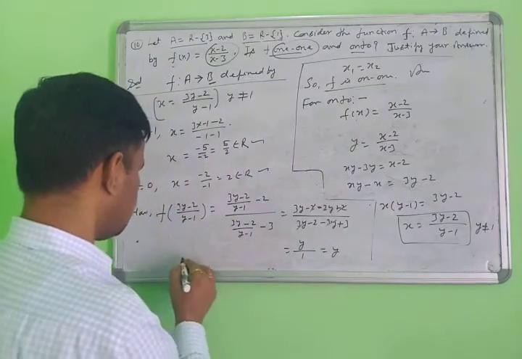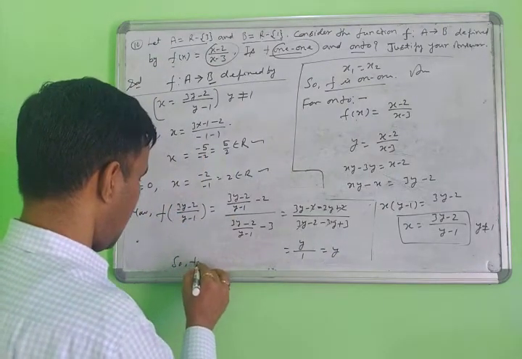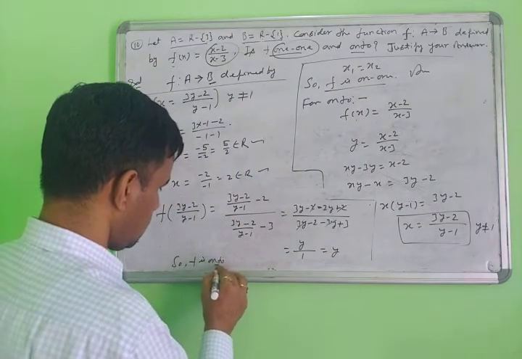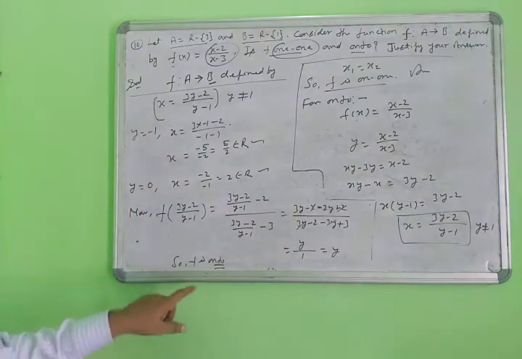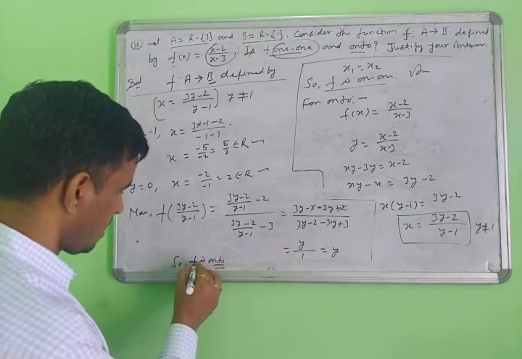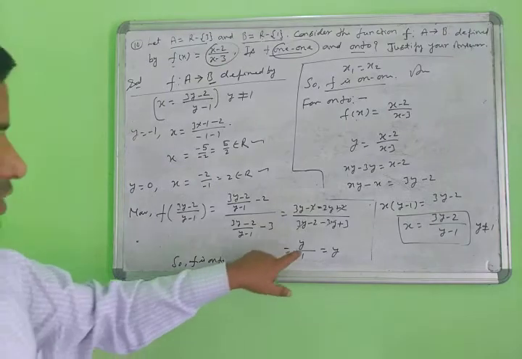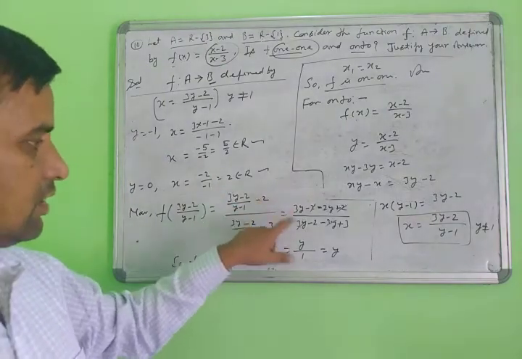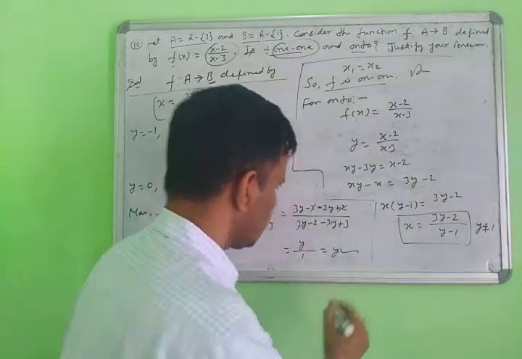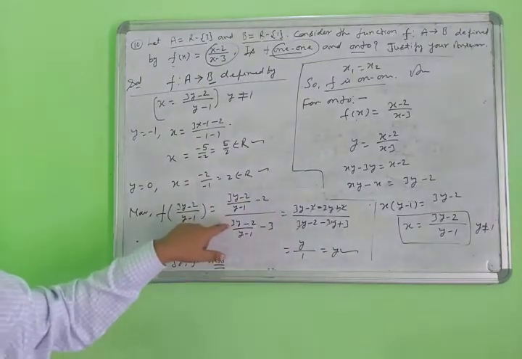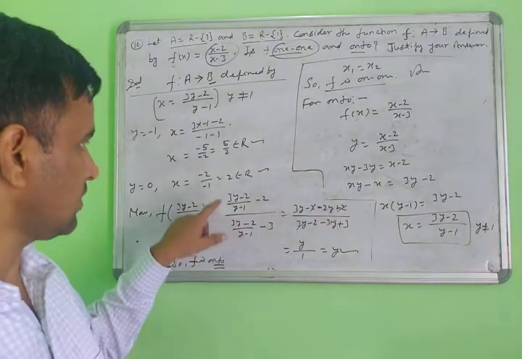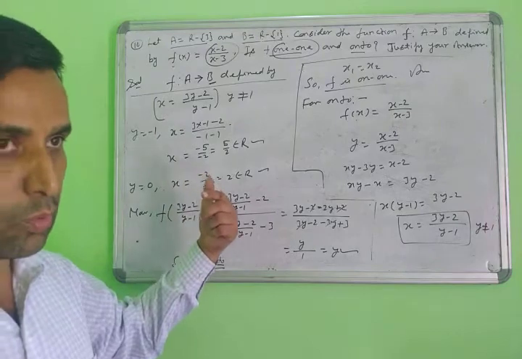So f is onto. You can say f is an onto function. After solving this, you get the result y, which means every element of the codomain has a pre-image in the domain.